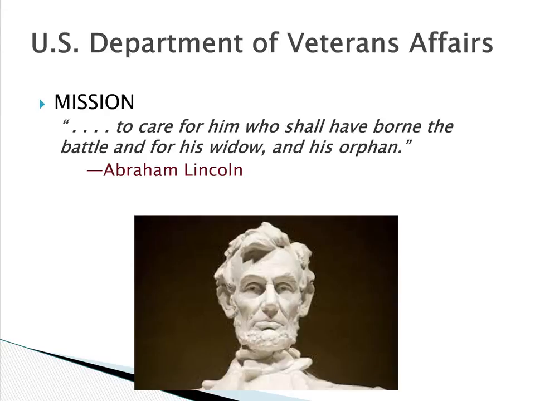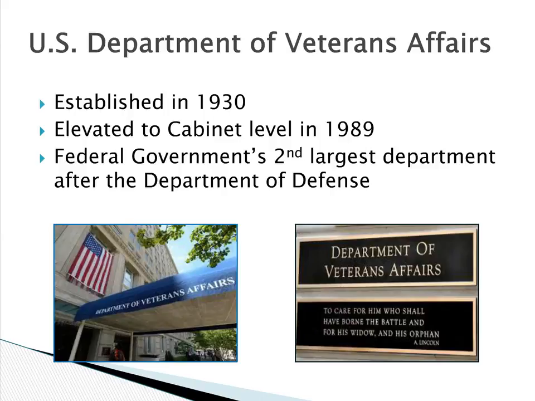So to start with, the VA is a federal agency, and the mission is to care for, as Lincoln said, to care for him who shall have borne the battle and for his widow and his orphan. The VA was established in 1930. It's at cabinet level since 1989, and it's the federal government's second largest department after the Department of Defense.